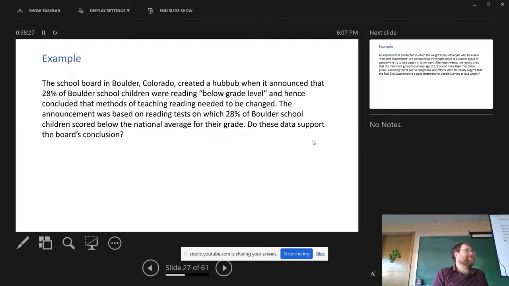But here's where it gets interesting. Do you think that the average student reads at grade level? Like if we were going to go to another school in the area and go to a random classroom, let's say 9th grade.